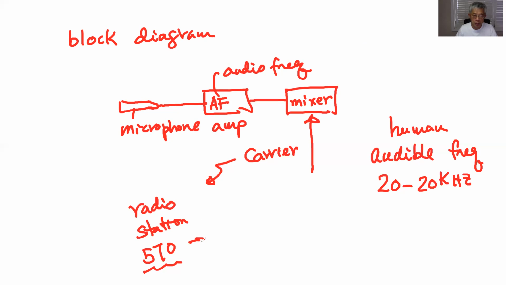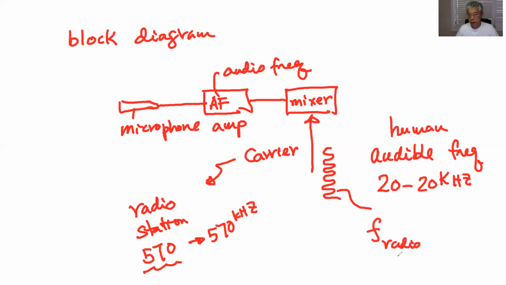What does that mean? It means 570 kilohertz. So you have this constant frequency, and the frequency of it is equal to the radio station, your 570 here, for example. So you mix these two together.